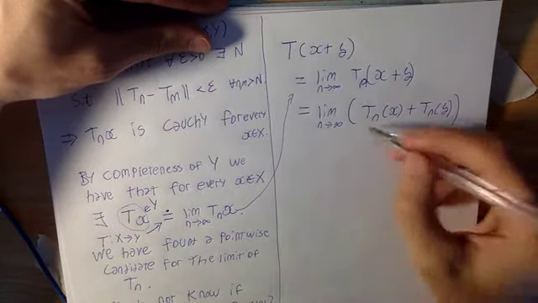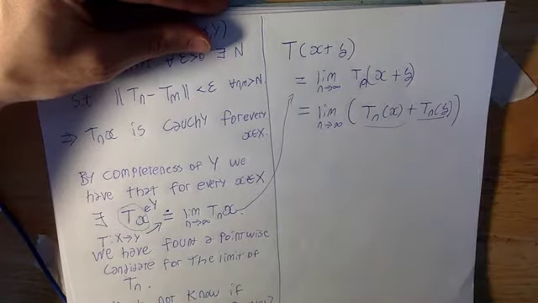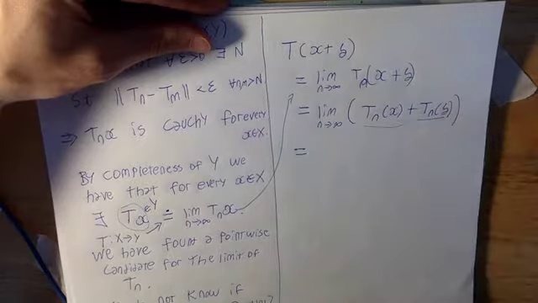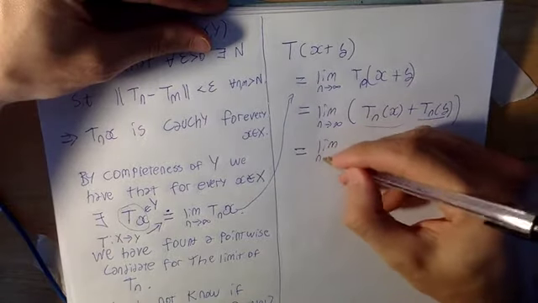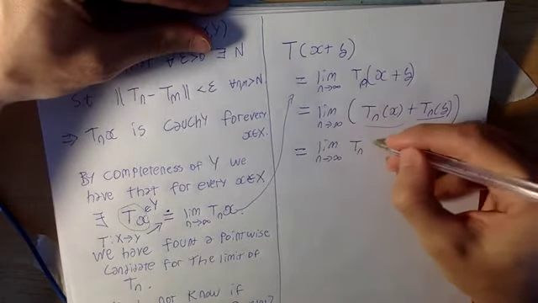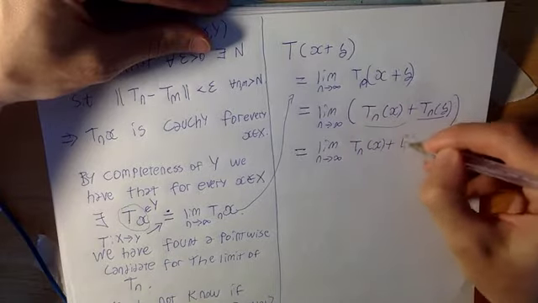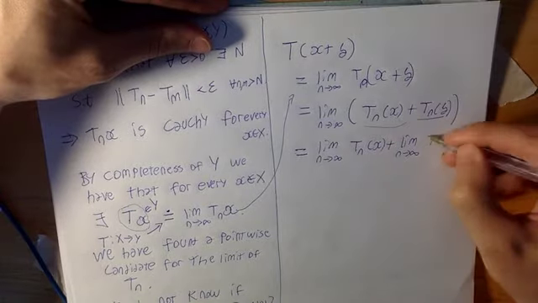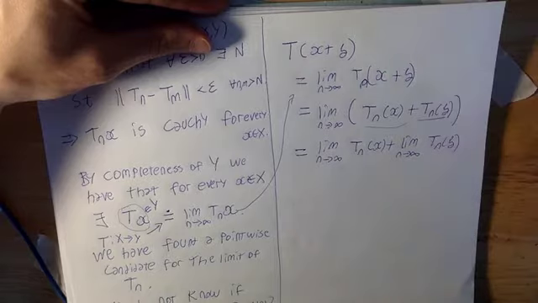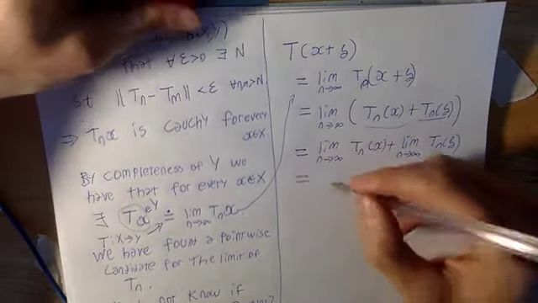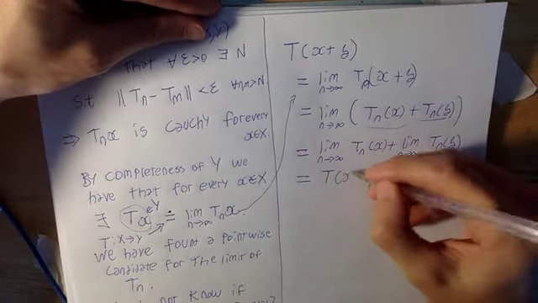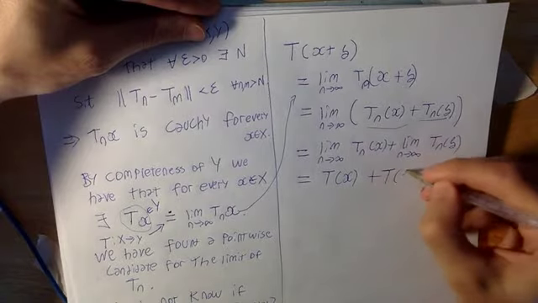But now, by the property of the limit, each of these has its own limit. So this is just the limit when n goes to infinity of Tn of x plus the limit when n goes to infinity of Tn of y. Taking these limits, you get that this is just T of x plus T of y.